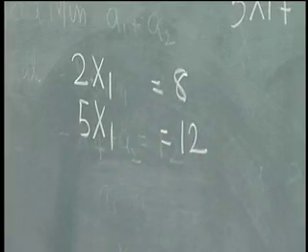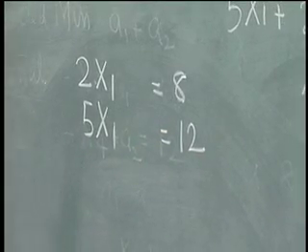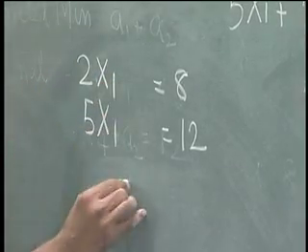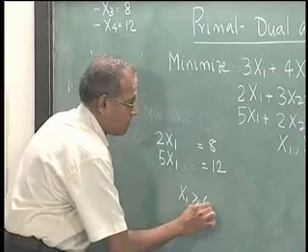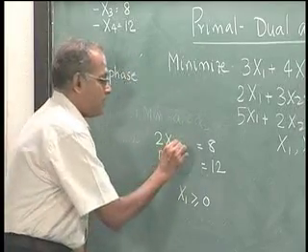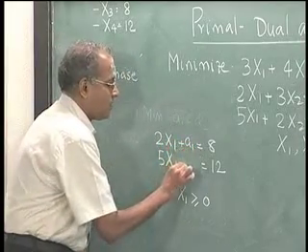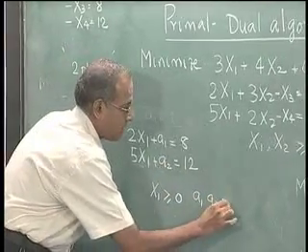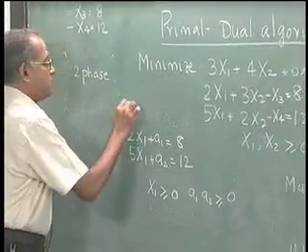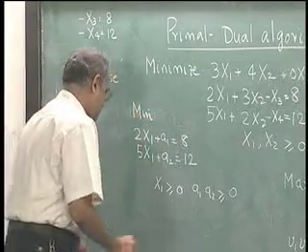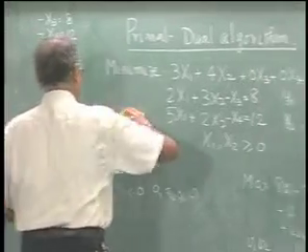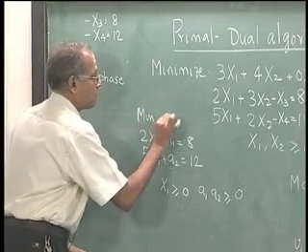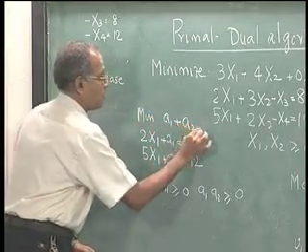Now once again this is made into a linear programming problem with of course x1 greater than or equal to 0. So this will become 2x1 plus a1 is equal to 8, 5x1 plus a2 is equal to 12, a1, a2 greater than or equal to 0, and minimize a1 plus a2.